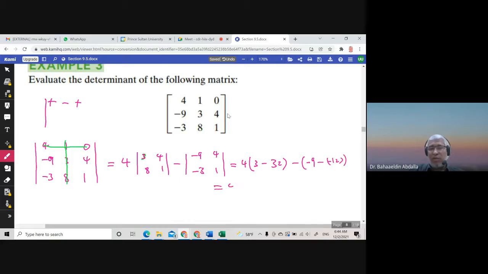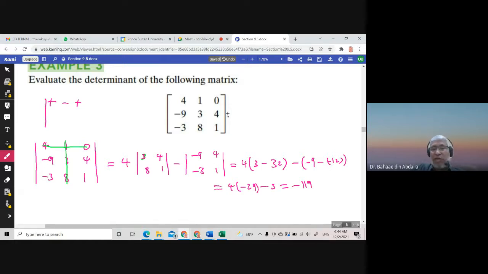So the answer would be 4 times 3 minus 32 is negative 29, minus negative 9 plus 12 is 3. So the answer is 4 times negative 29 minus 3, and the answer is negative 119.